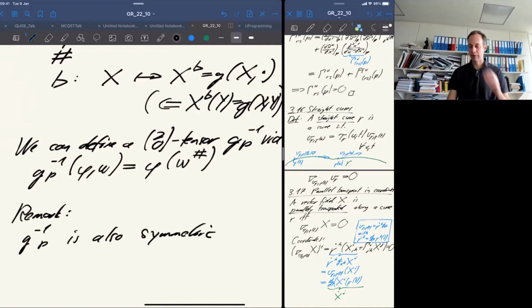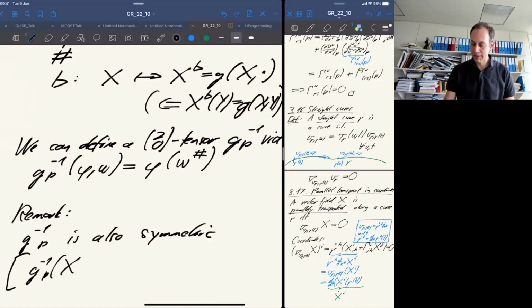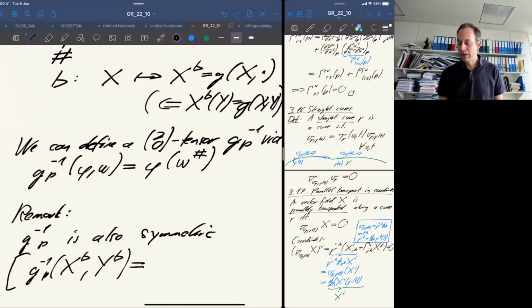So maybe I tell you why it is. That's so easy to see that it's maybe easier to just write it down than to give some wordy explanation. So if I introduce two covectors, and of course as covectors I can just choose the lowerings of arbitrary vectors, because we are in finite dimensional tangent spaces, and then we know that the covector space and the vector space have the same dimension, and the lowering and raising operations are vector space isomorphisms.